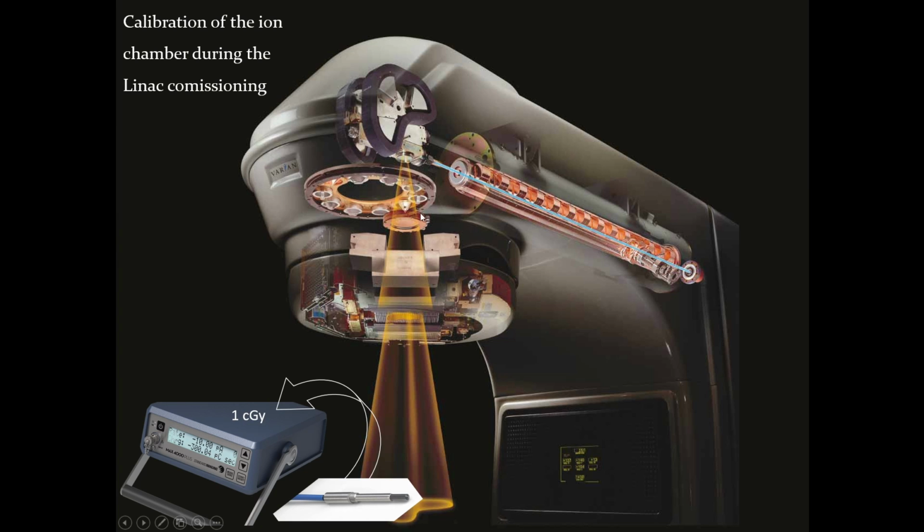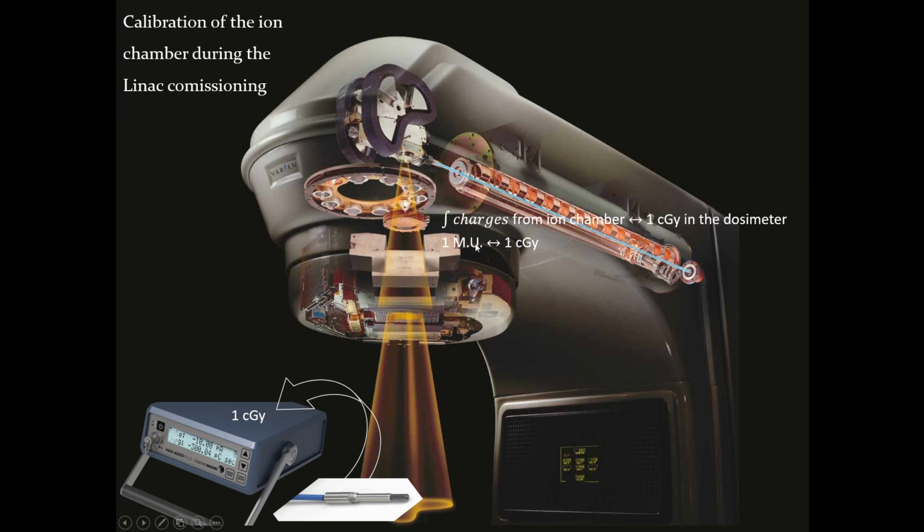At the same time, you collect the charges from the monitor chamber here. By integrating those charges, you establish a match between those charges and 1 centigray in the dosimeter. And this amount of charges is called 1 monitor unit.